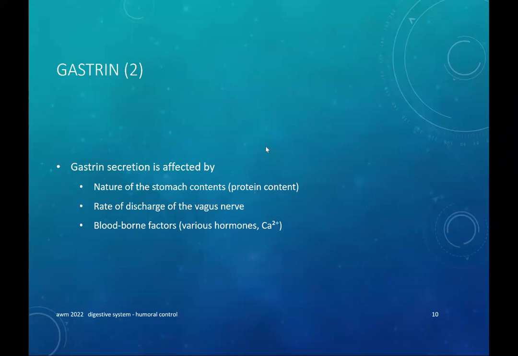Two, if you stimulate the discharge of the vagus nerve. As the protein is being broken down, receptors in the stomach take in that information via the vagus nerve, which then also causes an increase in gastrin release. And then the third way is blood-borne factors. For example, other hormones and calcium ions themselves can also trigger the release of gastrin.